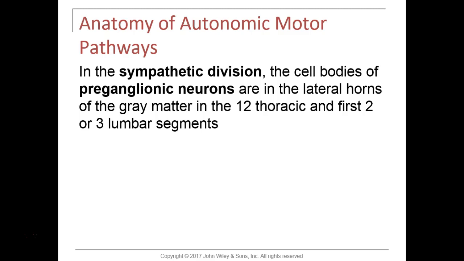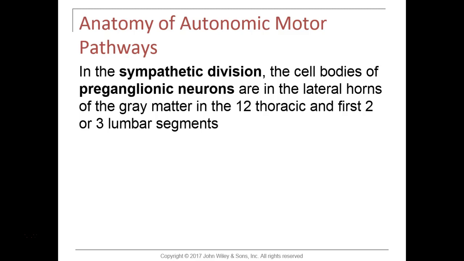The sympathetic division, or sympathetic nervous system, is called the thoracolumbar division because all of the preganglionic neuron cell bodies in the sympathetic nervous system are located in the lateral gray horns from the thoracic to the lumbar region of the spinal cord. I'll say that again.